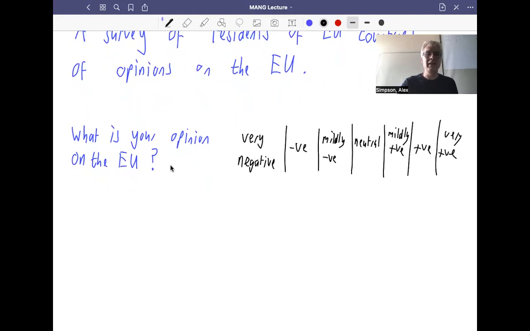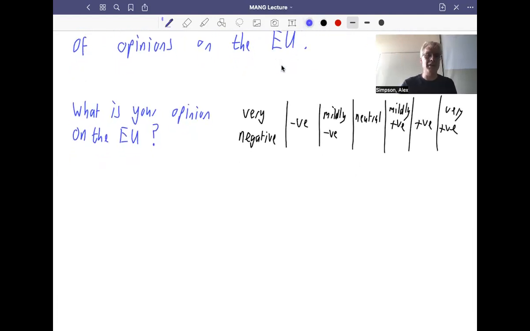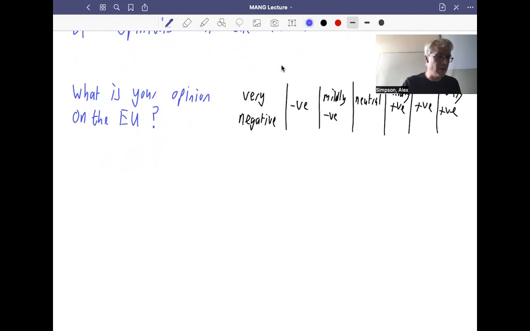So typically, such a questionnaire would contain a question like this, but it would also ask you for some personal data as well, so that it gets some properties of you that it can correlate, that's relate to, and see the relationship between those properties of you and your opinion on the EU.